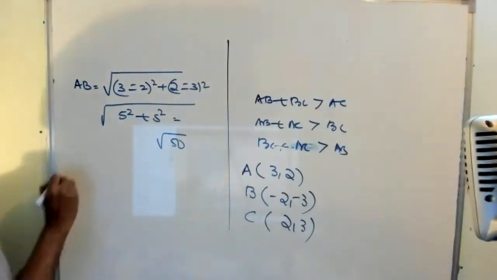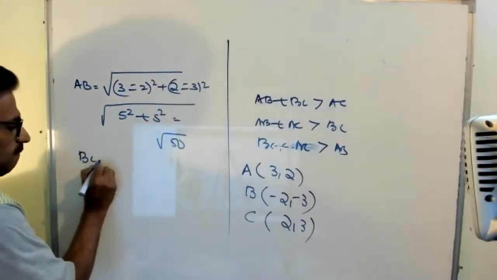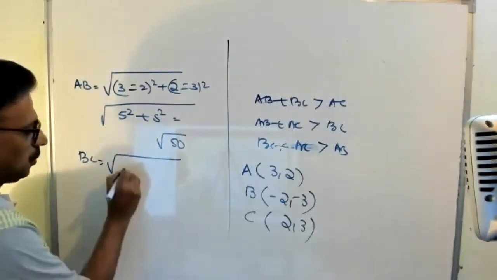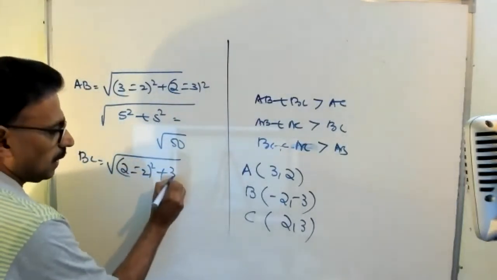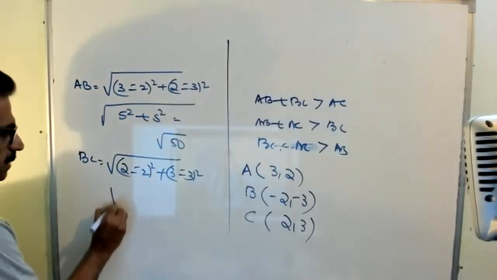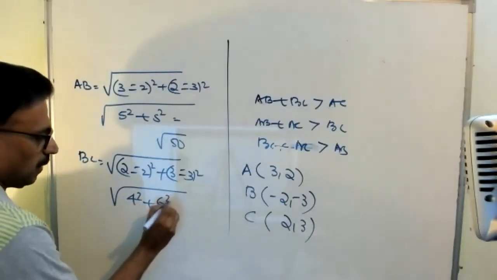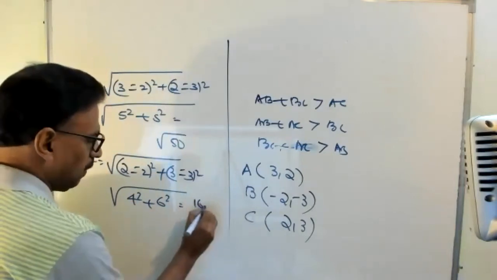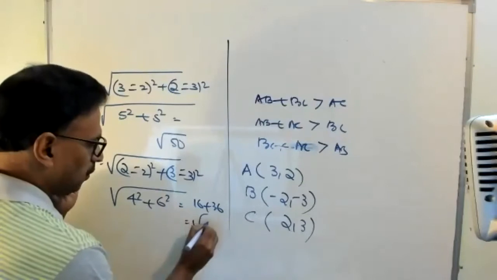I'm finding AB. Root of (3 minus 2) whole square plus (2 minus 3) whole square. That is 5 square plus 5 square, equal to root of 50. You got like that? AB is root 50. Then BC is root of (2 minus 2) whole square plus (3 minus 3) whole square. That is 4 square plus 6 square, 16 plus 36, root of 52.